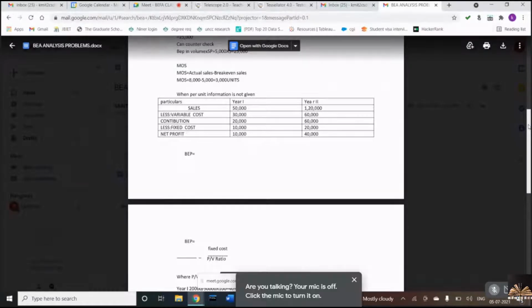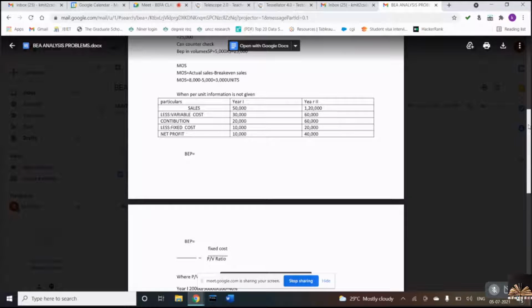He didn't ask, but calculate margin of safety. How much is the margin of safety? He didn't give actual sales. 36,000 is what you can take as actual sales.